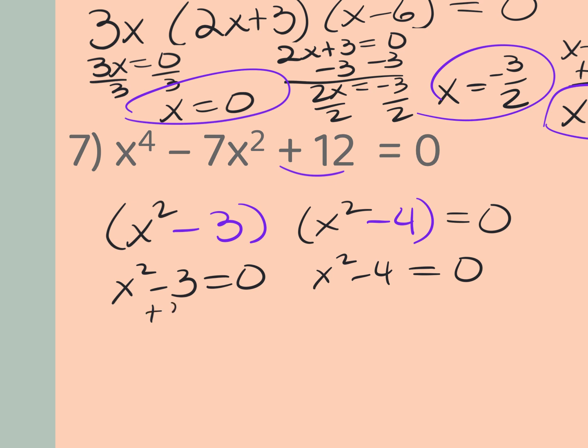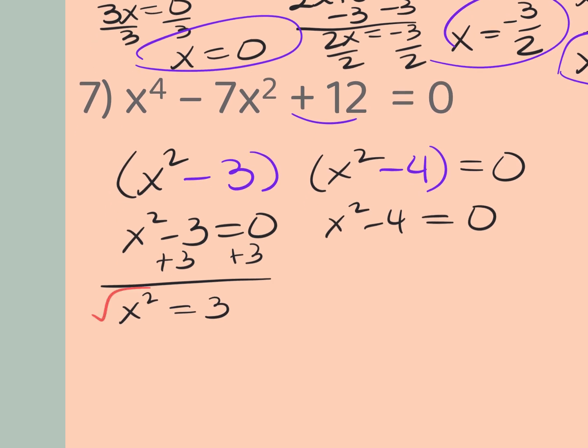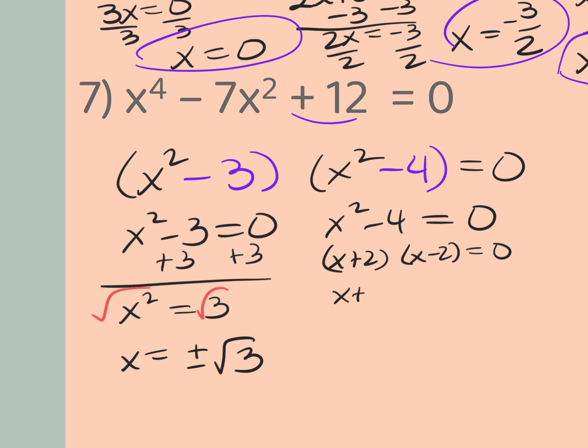And then here, add the 3. That's not the difference of two squares, so I have to use the square root method on this one. And then when you square root it, x is equal to positive and negative square root 3. However, for the next one, you can either solve it the same way or factor it into x plus 2, x minus 2, and solve it this way.